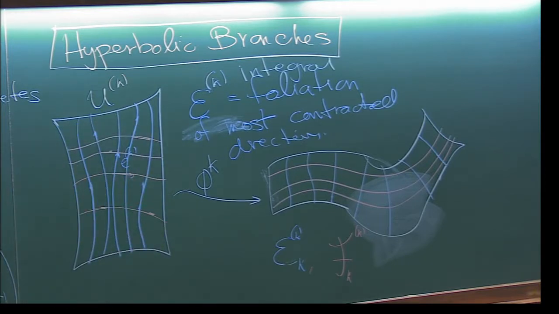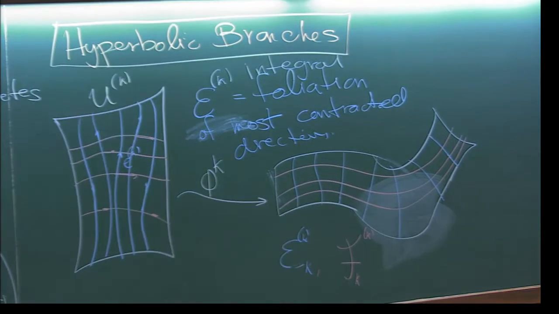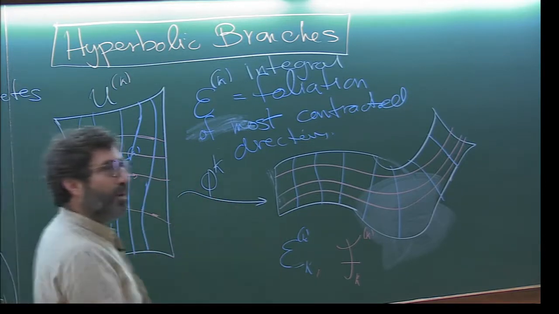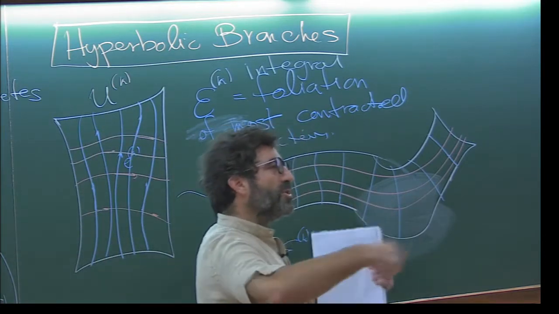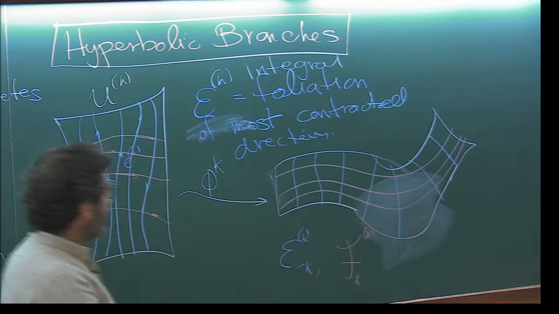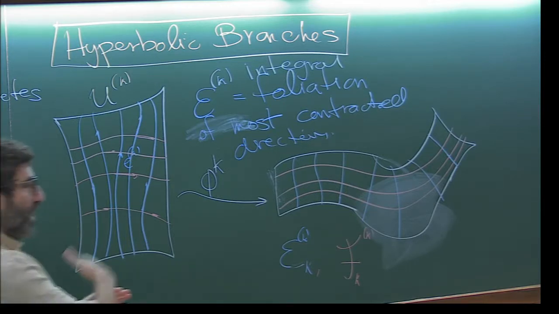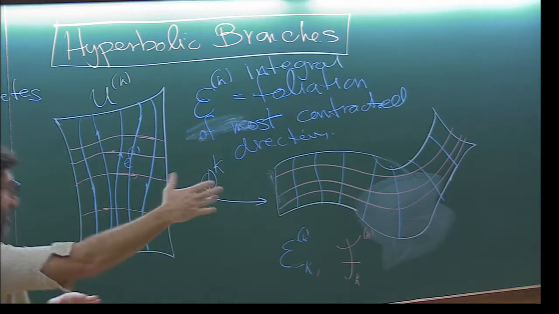Of course, one of the key properties of the usual stable and unstable manifolds is that they have an infinite time property. The stable manifold is all the points which eventually asymptotically converge to each other, and for the unstable manifolds in backward time, this has a very big importance. Similarly, the usual splitting in hyperbolic systems is an invariant splitting forever, okay?